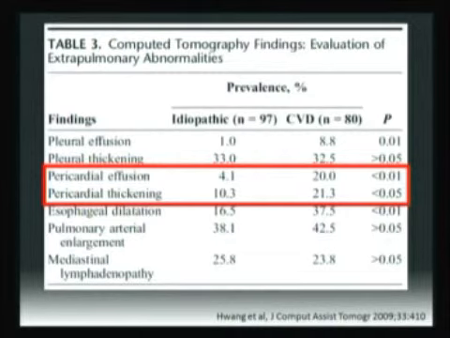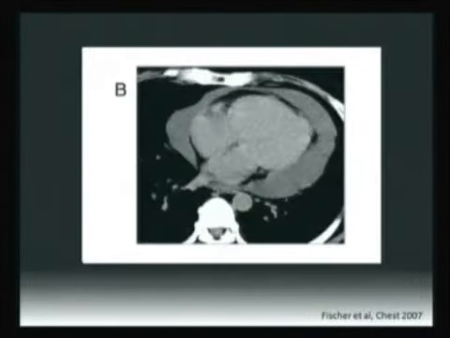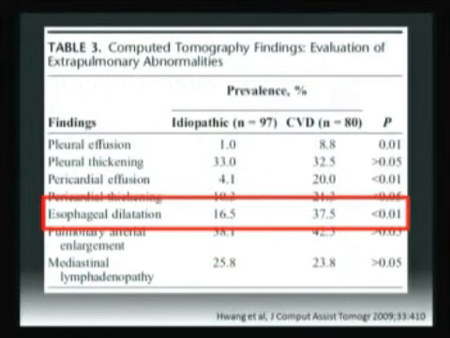Some signs are sometimes overlooked by the radiologist, but you look here, pericardial effusion and pericardial thickening are much more frequent in patients with connective tissue disease as compared to patients with idiopathic. And this finding, which is usually overlooked, some pleural effusion, may be very sensitive to tell you that maybe that patient is not an idiopathic, is not a typical IPF, but has some sort of underlying connective tissue disease.